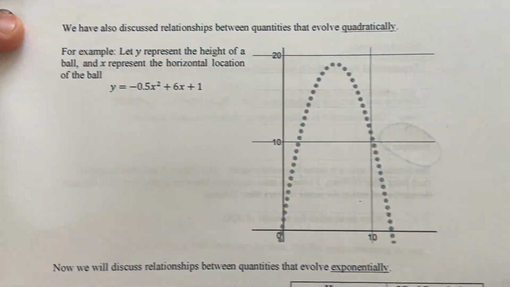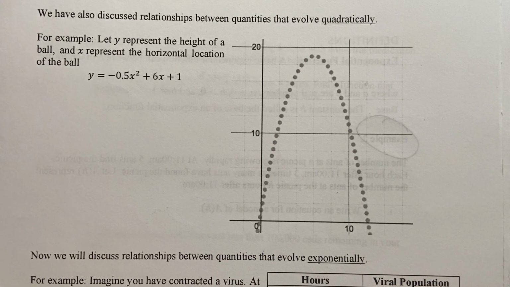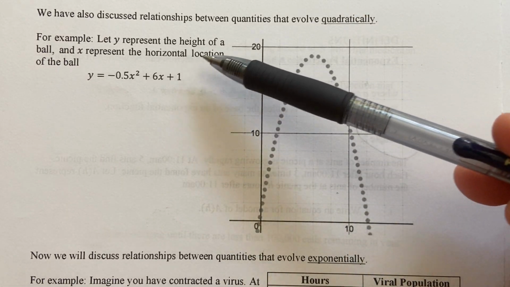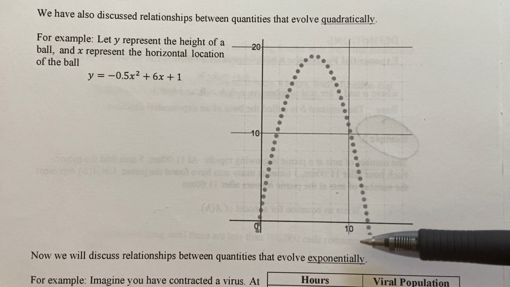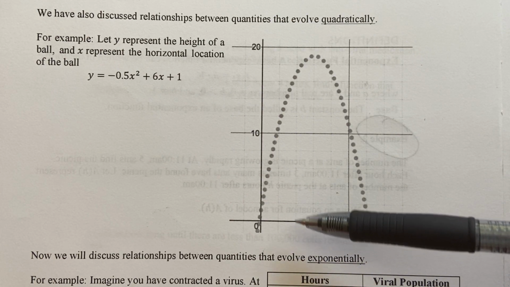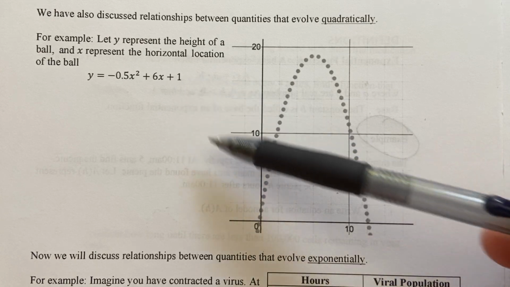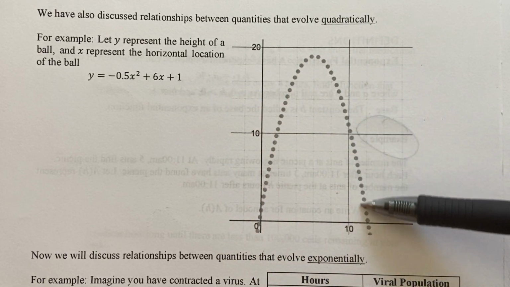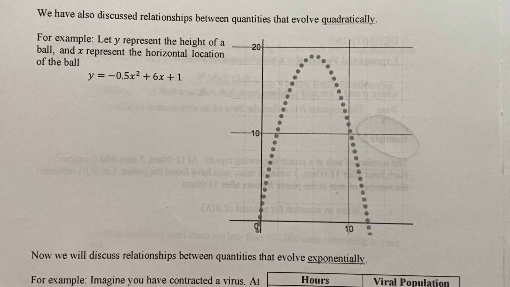We have seen recently these quadratic models. So if you have y represent the height of a ball, and you let x represent the horizontal location of that ball, then you would have maybe this as your quadratic model to match the trip of this ball.